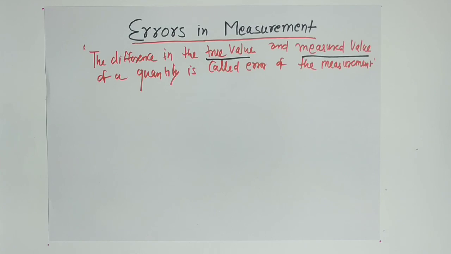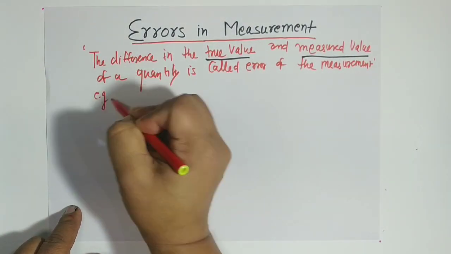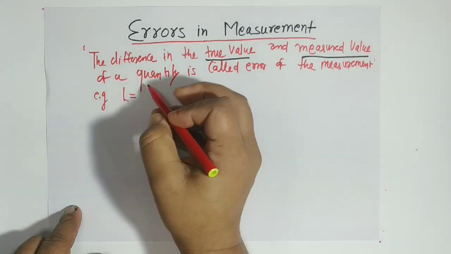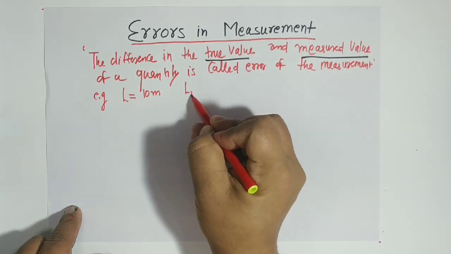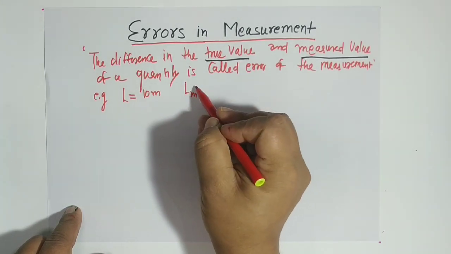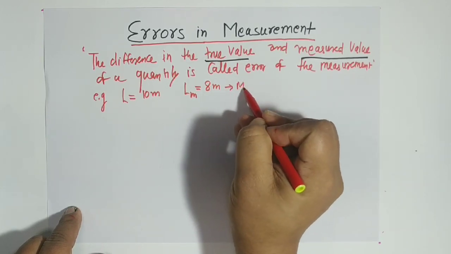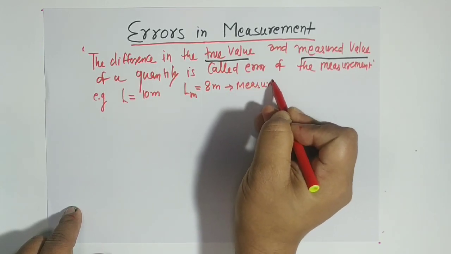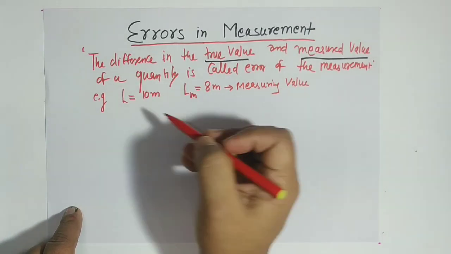Say, for example, the true value of the length of a classroom is 10 meters. But if you are measuring it as, say, 8 meters, this is the measured value. Is there any error? Yes, there is an error. You are measuring 2 meters less.